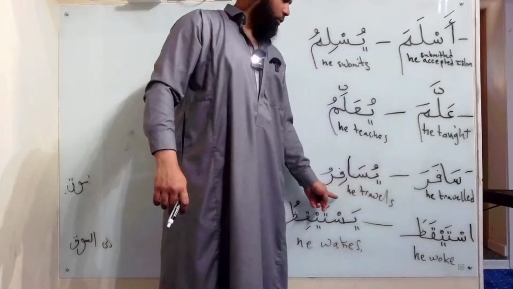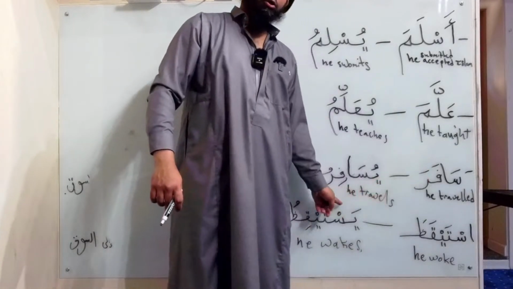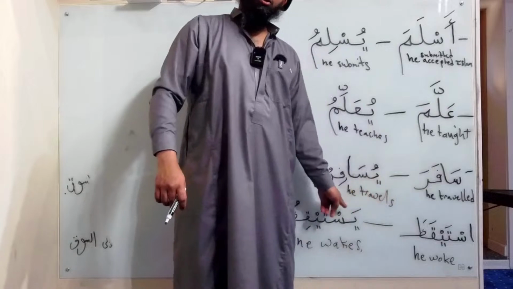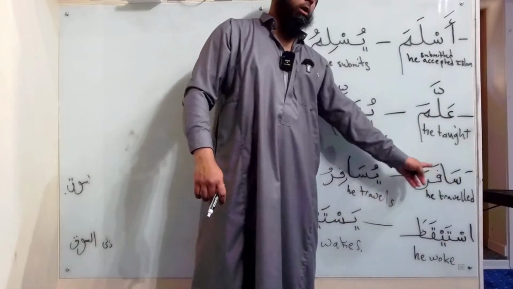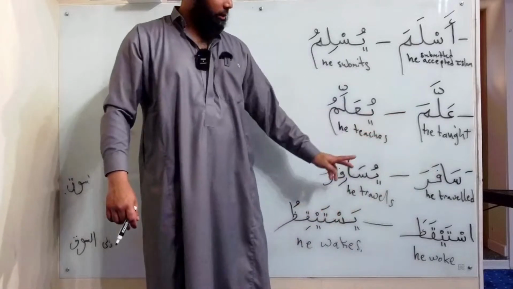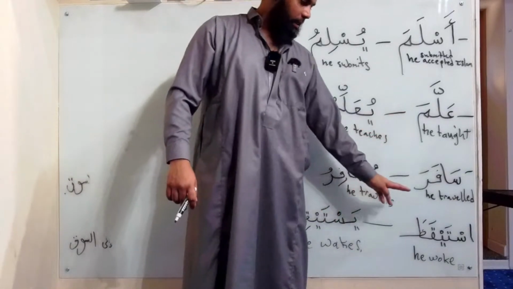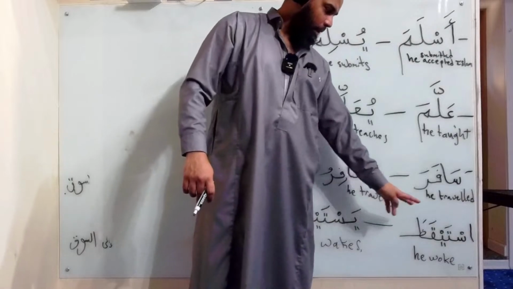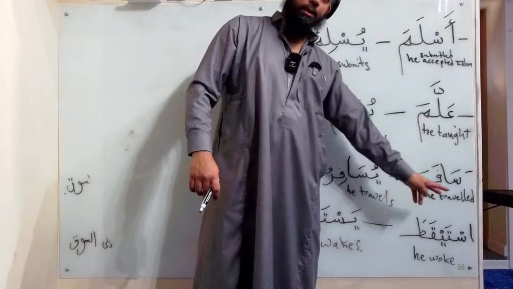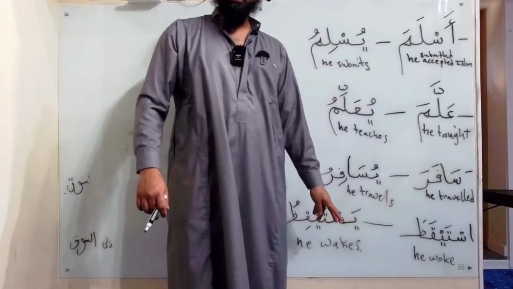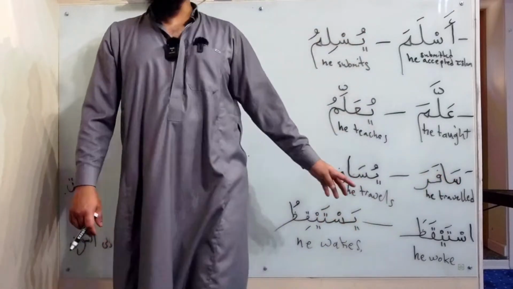Safara, yusafiru. Jahada, yujahidu. Qatala, yuqatilu. Daraba, yudaribu. Shajara, yushajiru. Any word looking like this, the present tense is going to be like this. Istayqadha, yastayqidhu. Istaghfara, yastaghfiru. Istakhraja, yastakhriju. Now you have to memorize it like that.